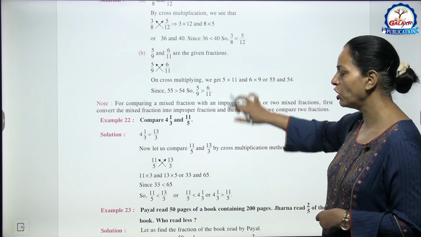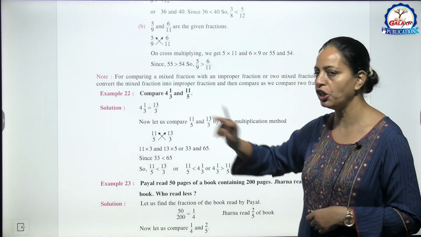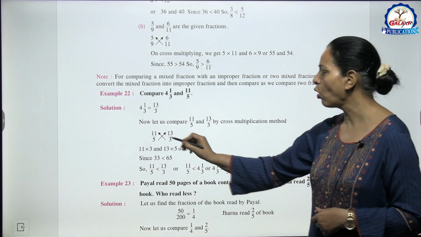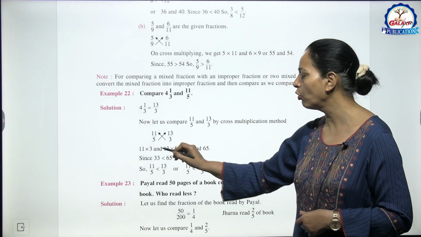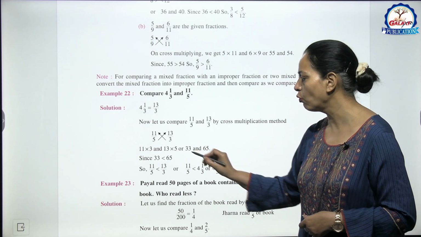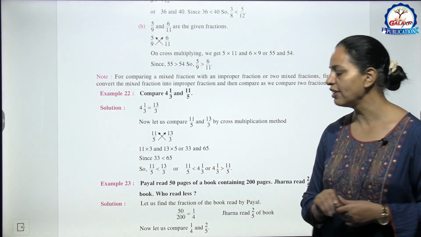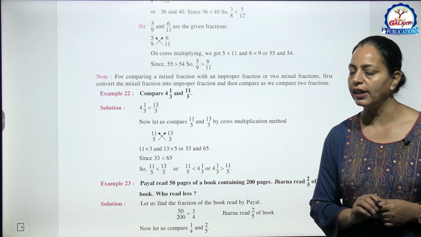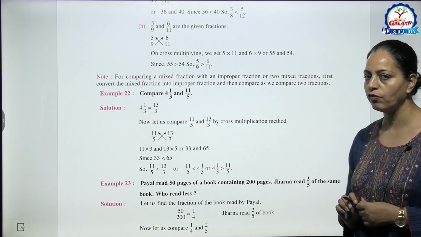So first of all, change 4 whole 1 by 3 to 13 upon 3. Now compare these two. We will cross multiply 11 upon 5 and 13 upon 3. So 11 into 3, 13 into 5, 33 and 65. It means 13 upon 3 is bigger than 11 upon 5.